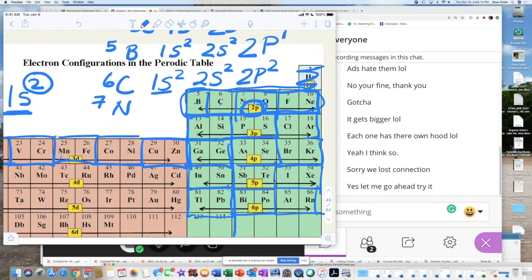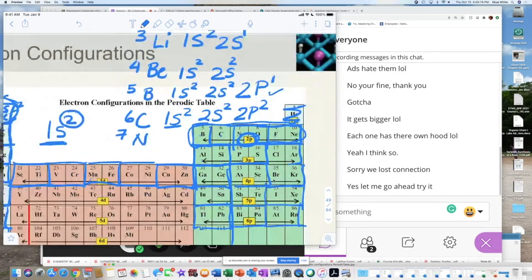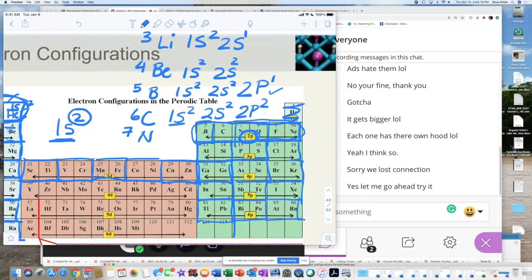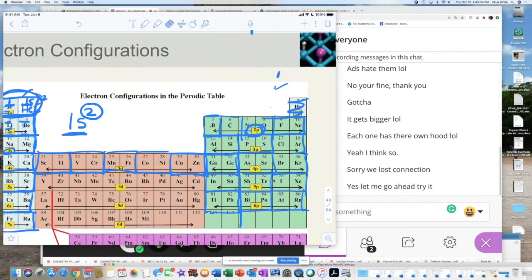So let's go ahead and try the one for nitrogen. We did boron, right? We did carbon. Now we're going to do nitrogen. Where do I write that? I'm running out of space, so let me write it up here because I want to see the periodic table. Boron had 5 electrons: 1s2, 2s2, 2p1.